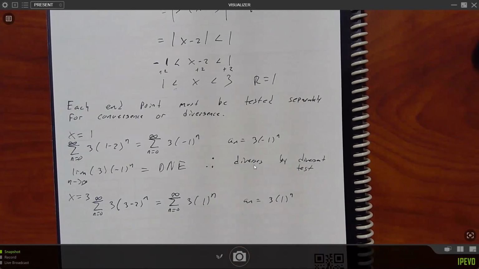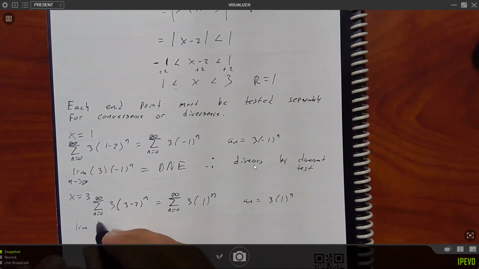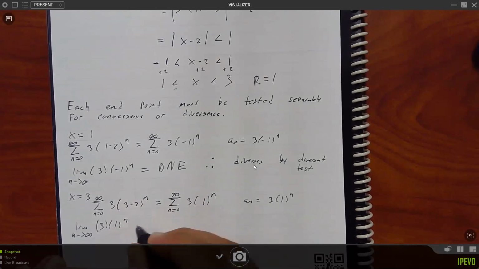It's required for the limit of the sequence to go to zero. If it does not, then that series will diverge. The limit of 3 times 1 to the n is finite. It's just cool, I guess.